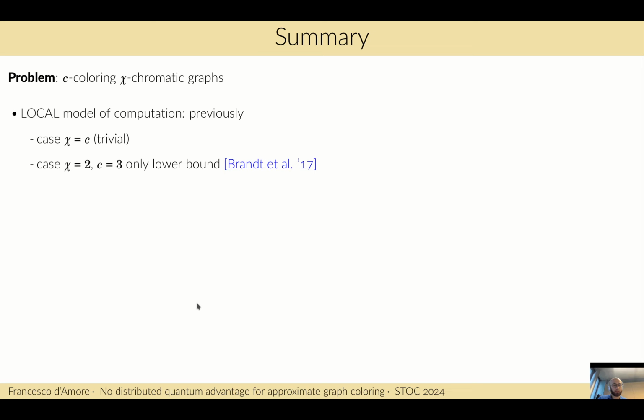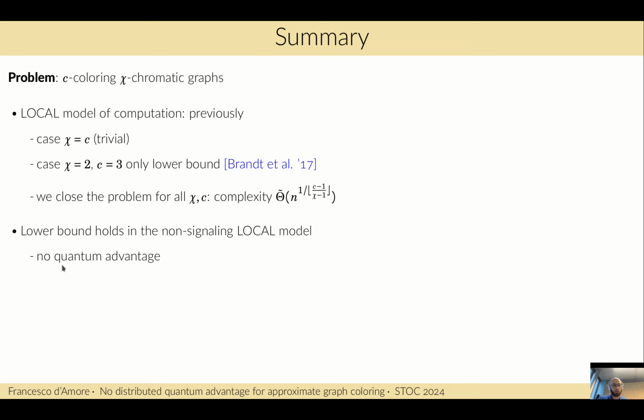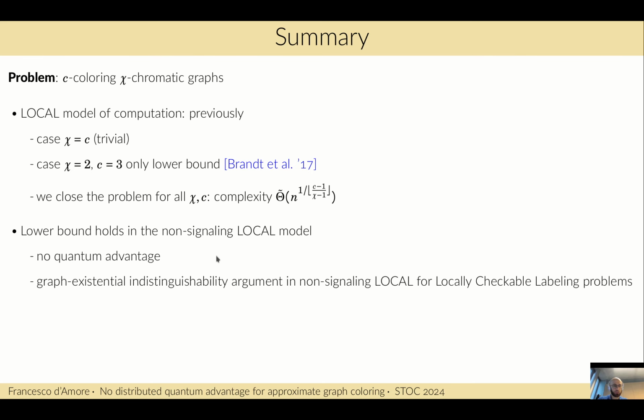So to summarize, before, this problem was known in the classical local model only for the case chi equals C or chi equals 2 and C equals 3, only the lower bound part, but we solved the problem for any combination of chi and C. And we show the lower bound in the non-signaling local model, implying that there is no quantum advantage.